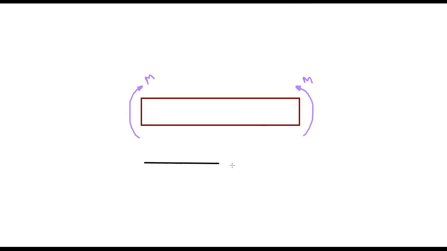These things we have discussed already in the previous videos. Its shear force will be constant, or rather, it is zero, and you can see the bending moment will look like this.